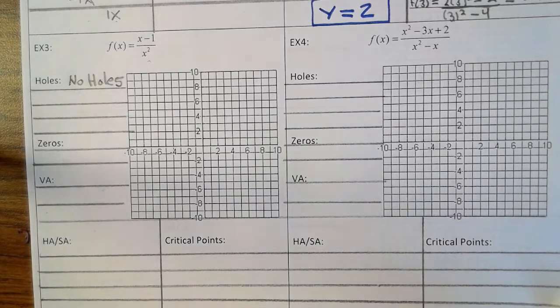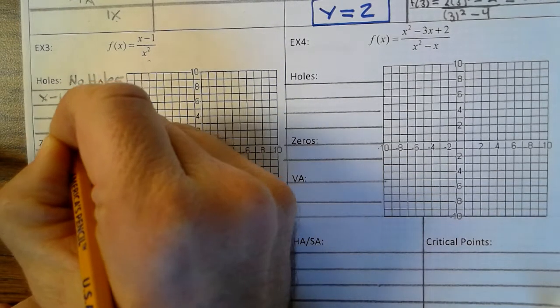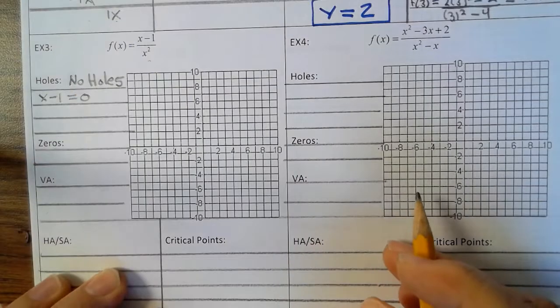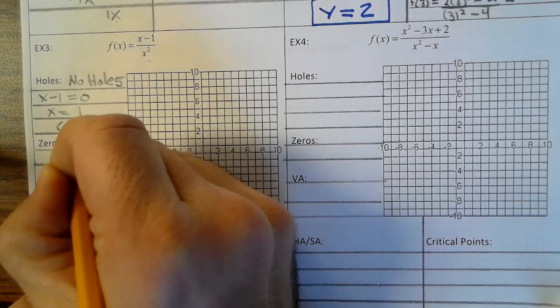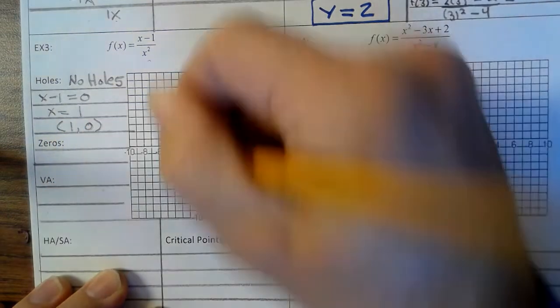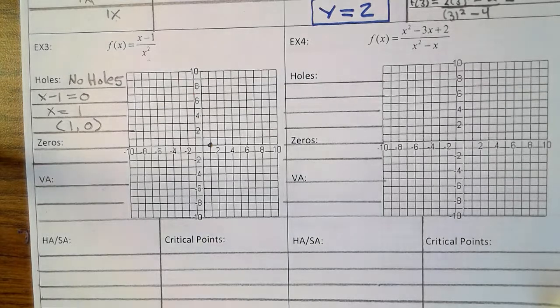Now for the zeros, we set the numerator equal to 0, so x minus 1 equal to 0. So x equals 1. So we have a 0 at (1, 0).